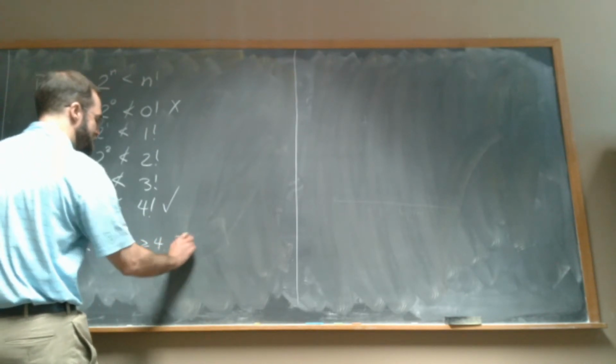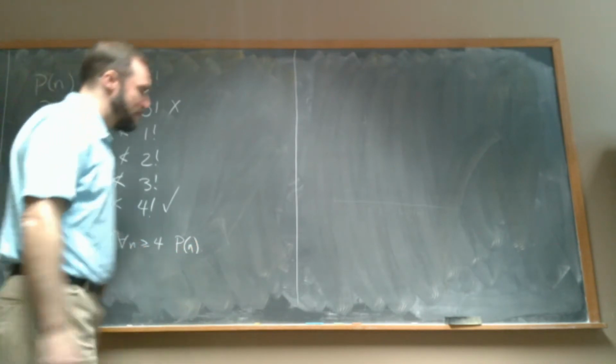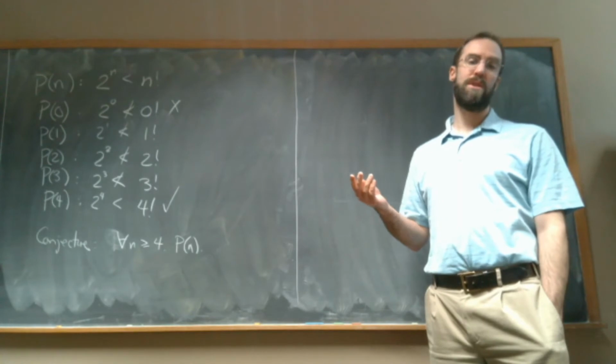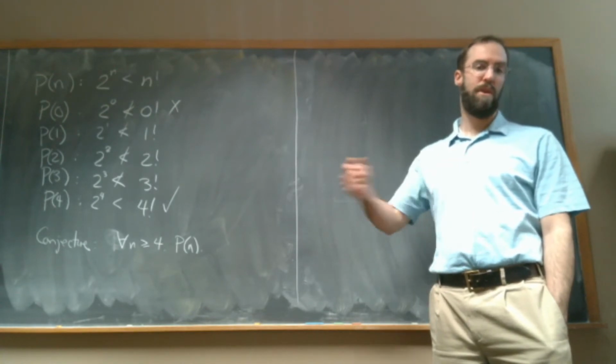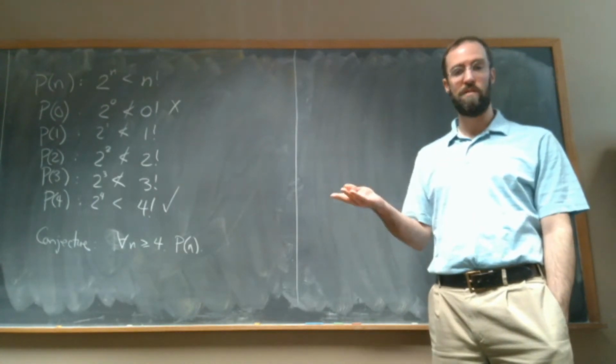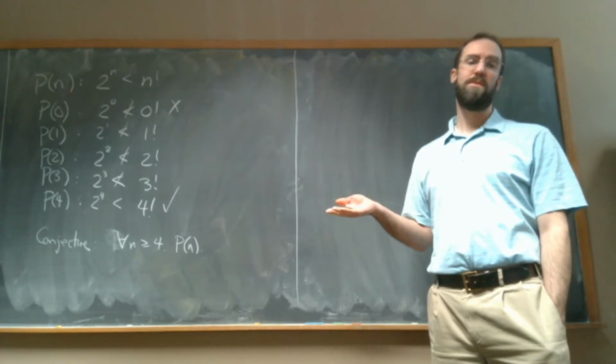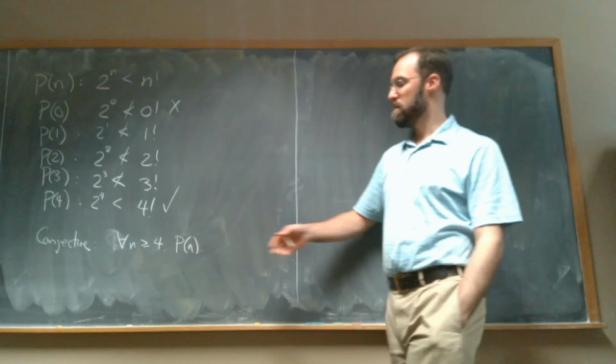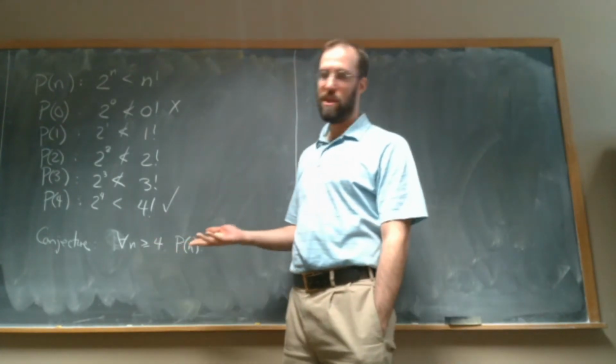The way that we phrased induction before, we just said if you want to prove something for all natural numbers, you start with the base case of P of 0. But it's very easy to adapt it when you want to prove it for some subset of the natural numbers. All we have to do in this case is change our base case.